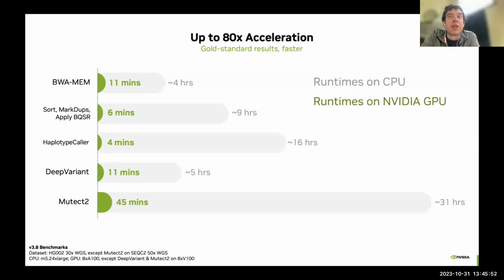If you've ever looked at their documentation, there's a whole step of sharding your data to support multiple GPUs, and Parabricks does that in an easy manner. So if this is a tool you use, I suggest you give it a try in Parabricks. And then MuTect2 goes from 31 hours to 45 minutes. So huge. We're going to illustrate this hands-on, but I'm hoping that taking a look at these numbers will inspire you to give it a try.